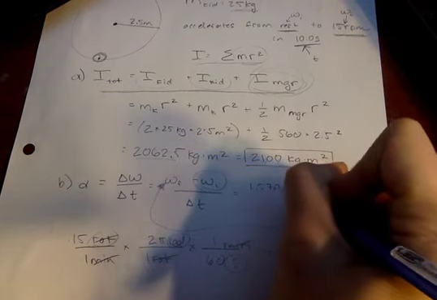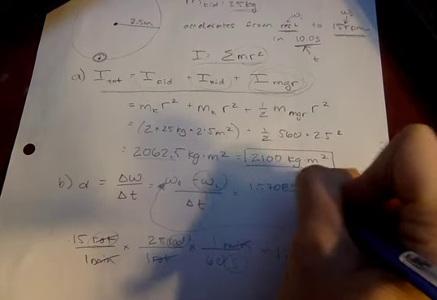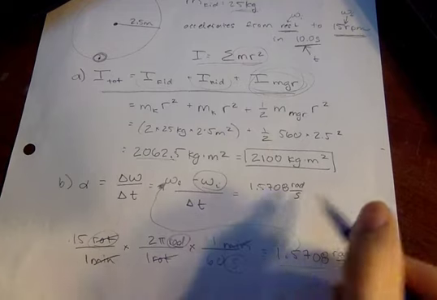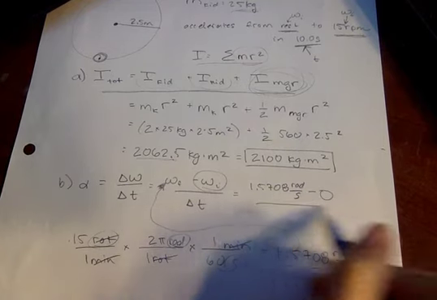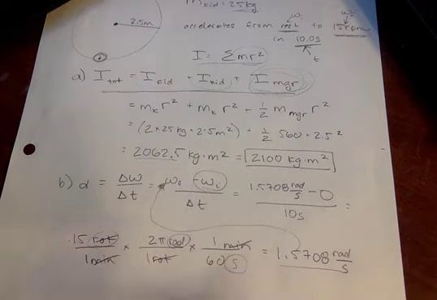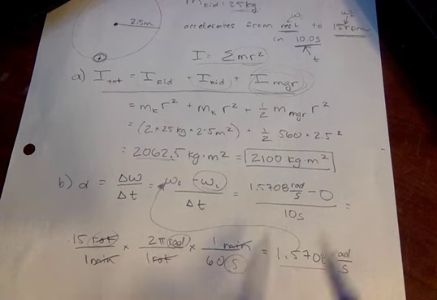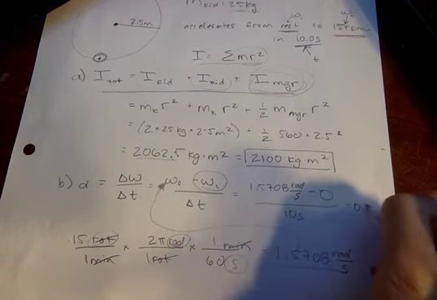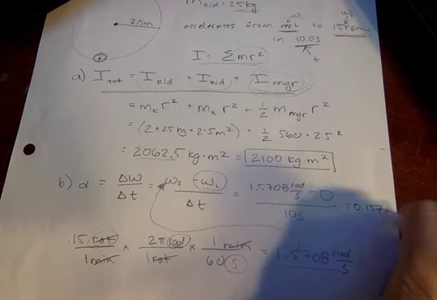So now I'm ready to plug this in for the final angular velocity, and I have 1.5708 for my final, minus the initial, which was 0, divided by the time elapsed, which was 10 seconds. I'm just going to move the decimal place once, so that's 0.1571 radians per second.